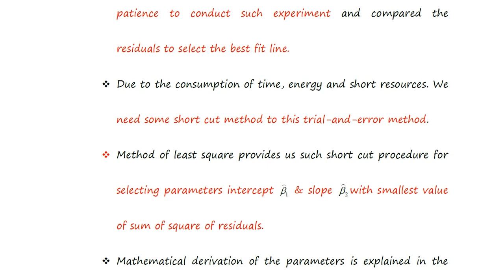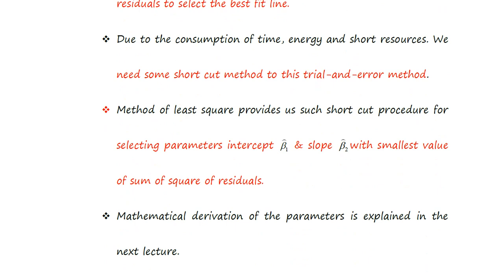So the method of least squares provides us such a shortcut procedure for selecting the parameters, intercept beta 1 and slope beta 2, with the smaller value of the sum of squares of residuals.